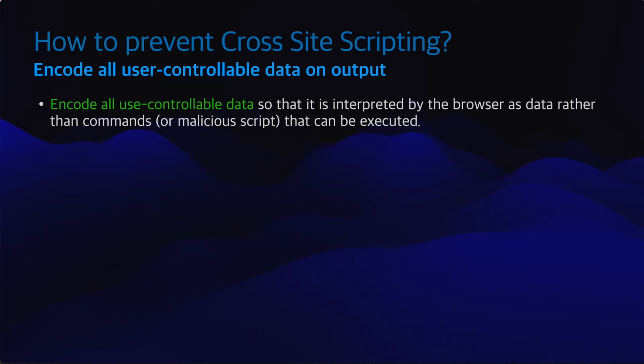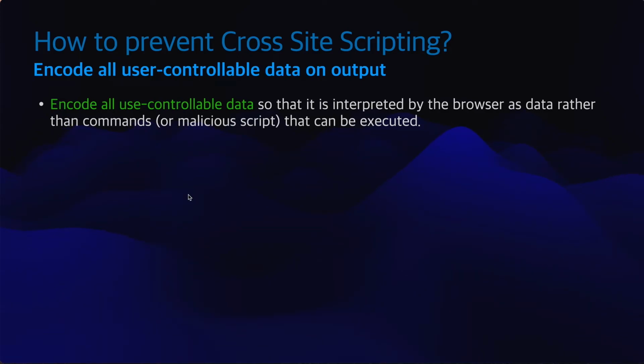So if you encode the user controllable data, something from the input fields or the cookie values or some data from the uploaded files, that data is sent to the browser as data and not a command, even if it is tampered with. And the browser looks at it and sees that it's just encoded data that I need to show as is and not need to execute any commands that I might see in it.